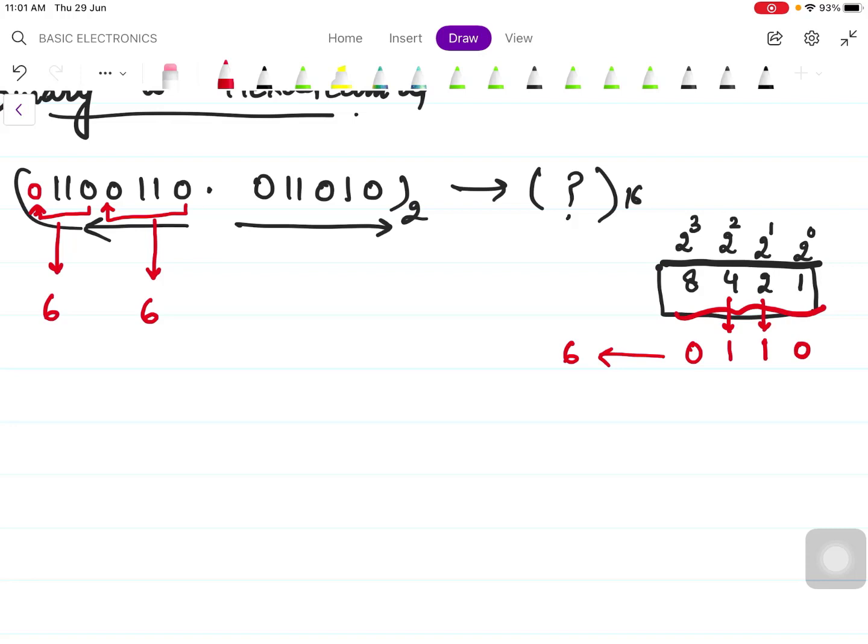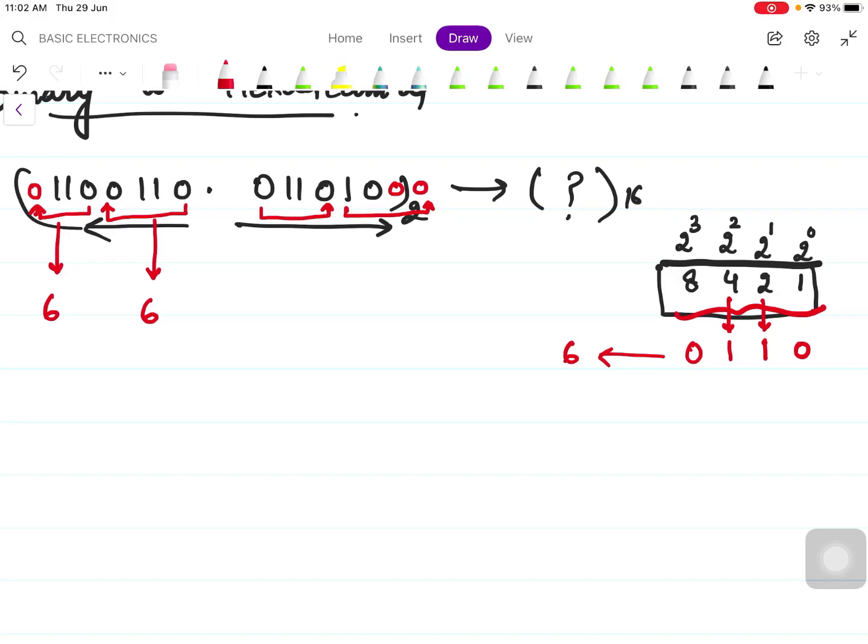Now for the after decimal portion, what you have to do? You have to move in this direction and make a group of 4 again. So here I made a group of 4, and for the next group, I am left with only 2 digits, so I have to add 2 other zeros.